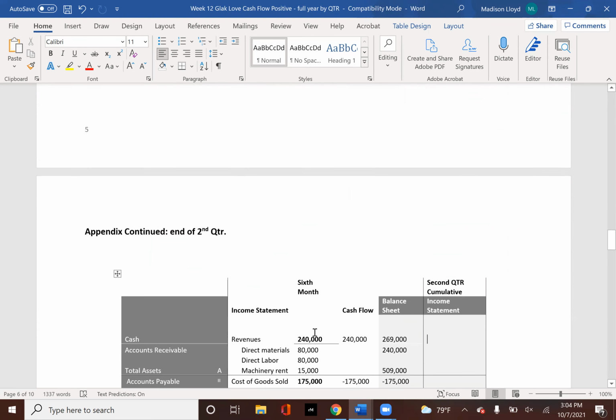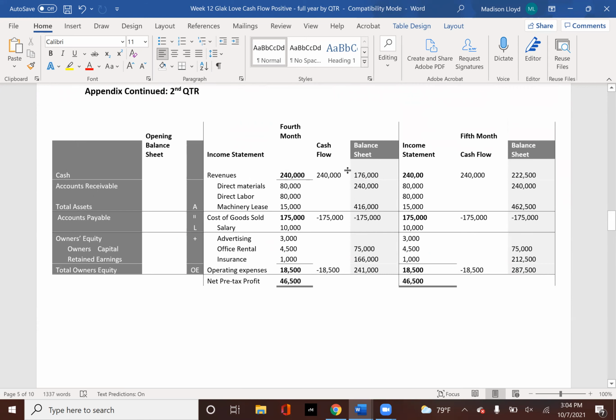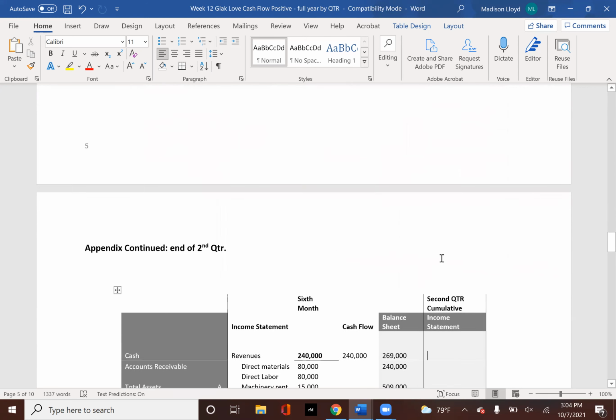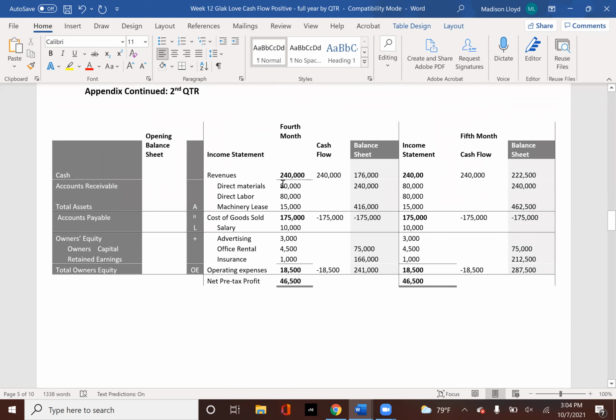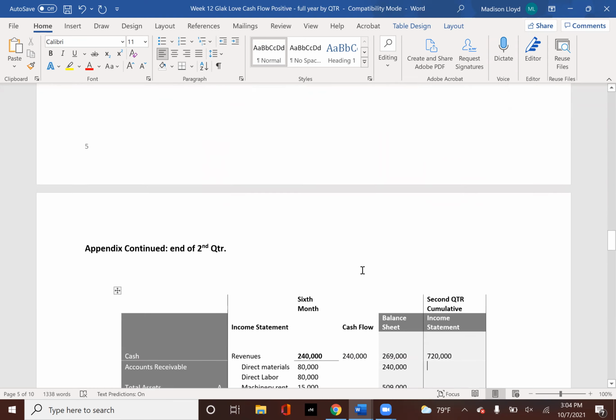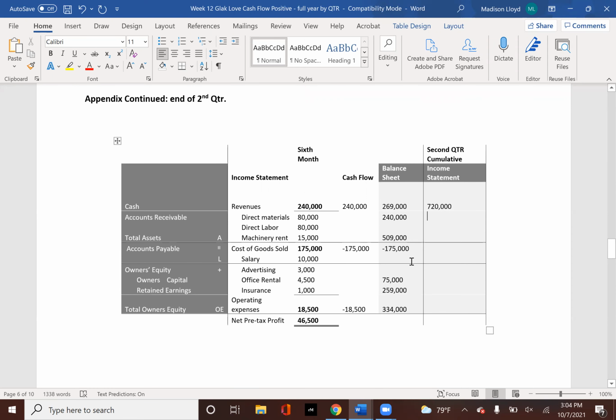Since they're all the same values, 240,000 times 3 is $720,000. Our next is our direct materials. All of them are going to be $80,000 because they're all the same values, so $80,000 times 3.